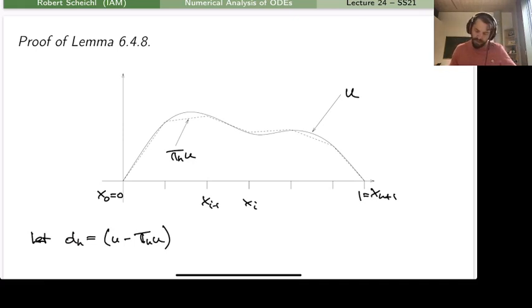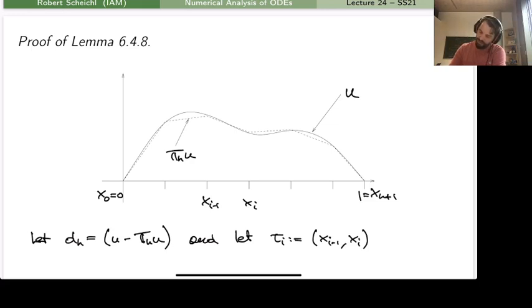Okay, so let d_h be u minus Pi_h u, and let, as we did for the time discretization methods, I believe, we called it a bit differently, I'm calling the interval from x_{i-1} to x_i tau_i.